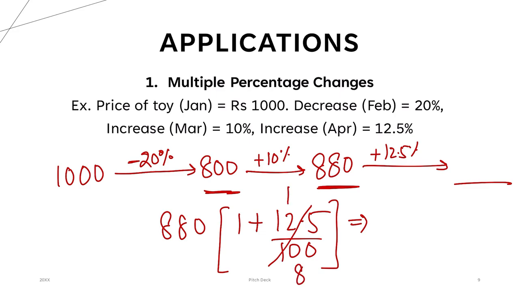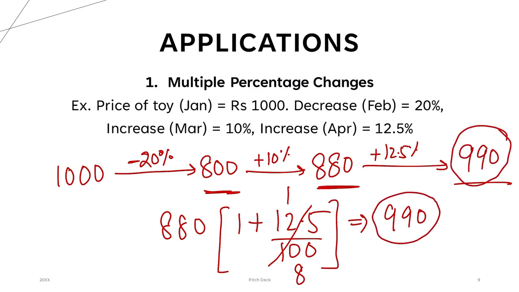So 880 into 9 by 8. So this will give you 990. So from 880 it has gone to 990. And this is the final value of the price of the product after subsequent increase and decrease, right?